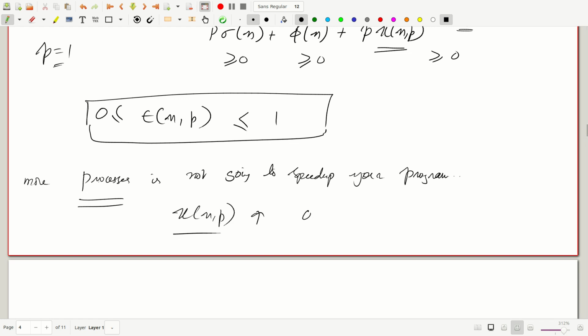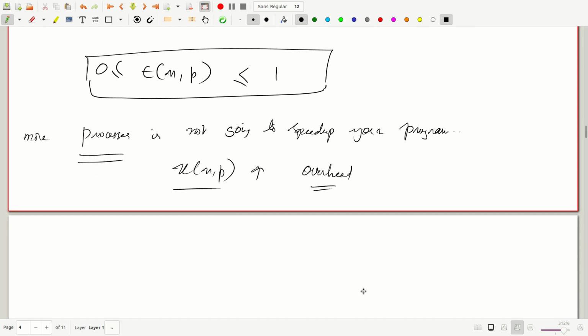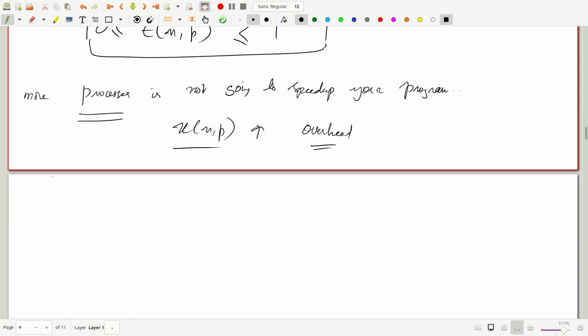That means the overhead associated with your parallel program would increase, and that is what will not allow for an increase in speed up, although your phi n by p decreases. Okay, so this is what was argued by Amdahl back in 1967, and which came to be known as Amdahl's law.